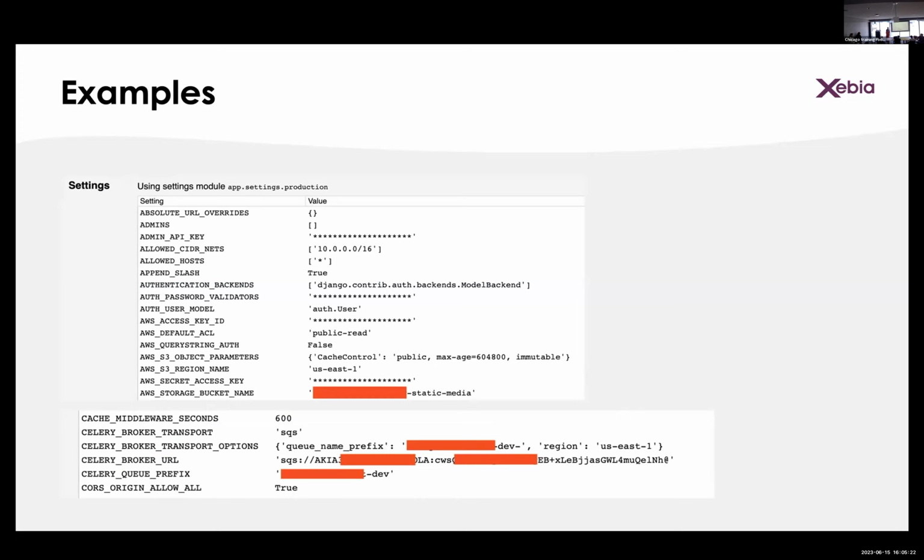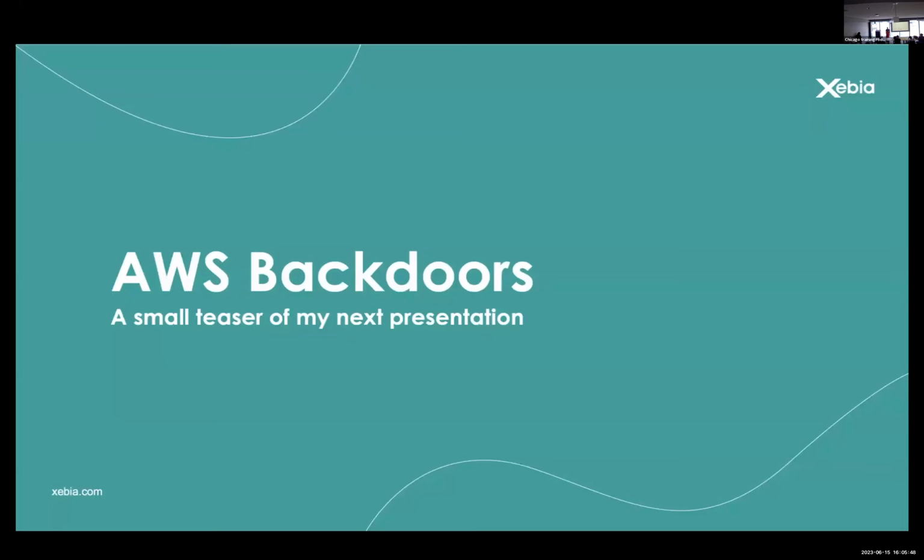It's either Celery broker URL or just broker URL, and it consists of access and secret key. And I found many instances of this, and it was only one key that really gave me access only to SQS. All others were more than just SQS. Sometimes even wildcard access for EC2.